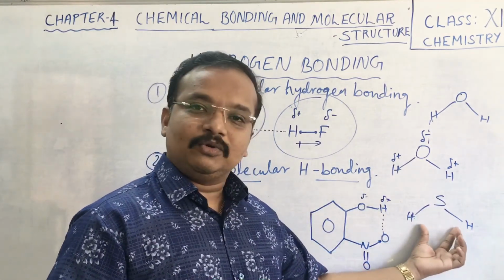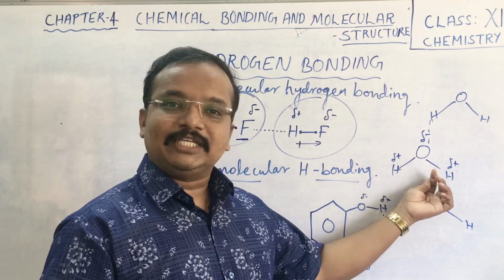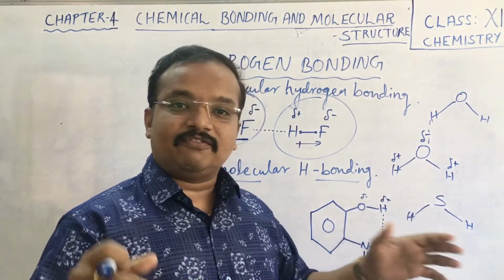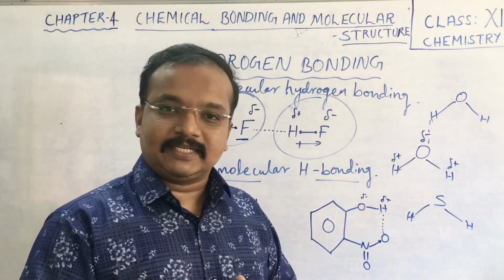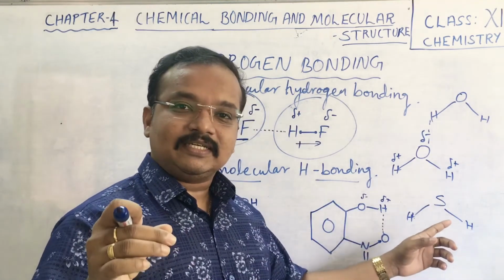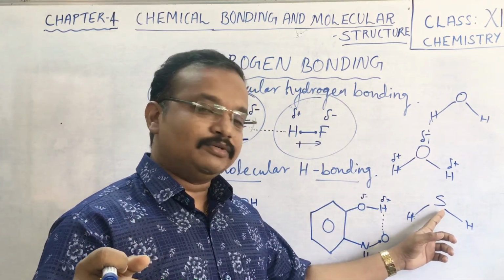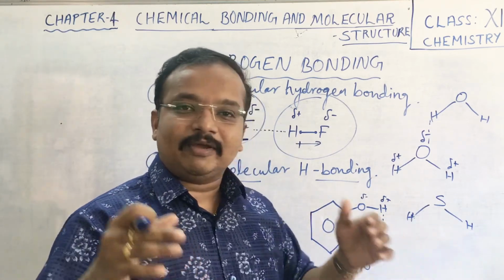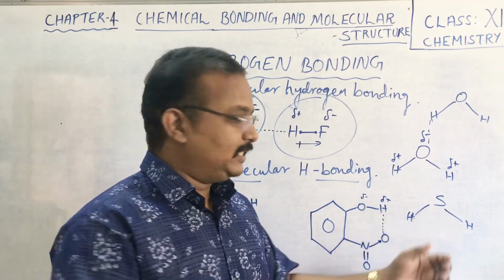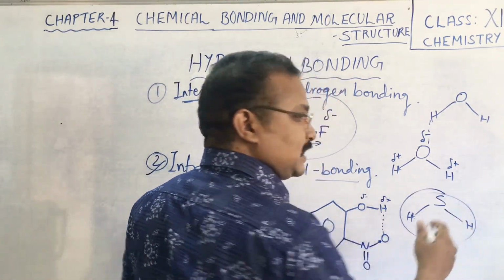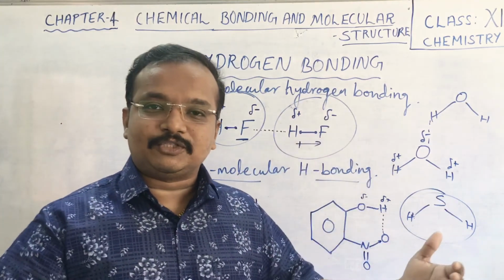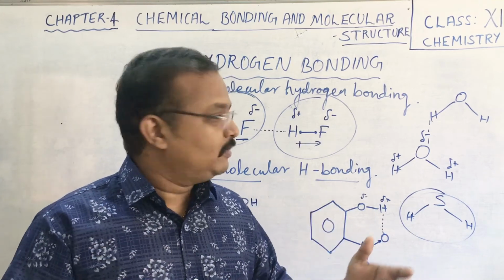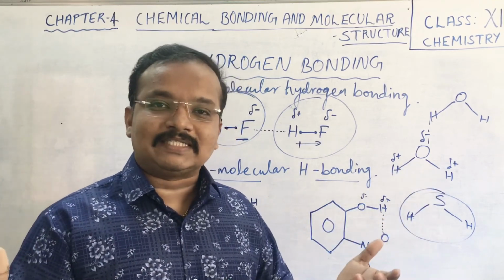So the H2S molecule is a gas, whereas the H2O molecule is a liquid, even though oxygen and sulfur come in the same group, as you have studied. But the electronegativity values of hydrogen and sulfur are almost the same, which is why they do not have a polarized bond. So attractive force between one H2S molecule and another H2S molecule is not possible. That's why H2S is found in the gaseous form, whereas the water molecule exists as a liquid.